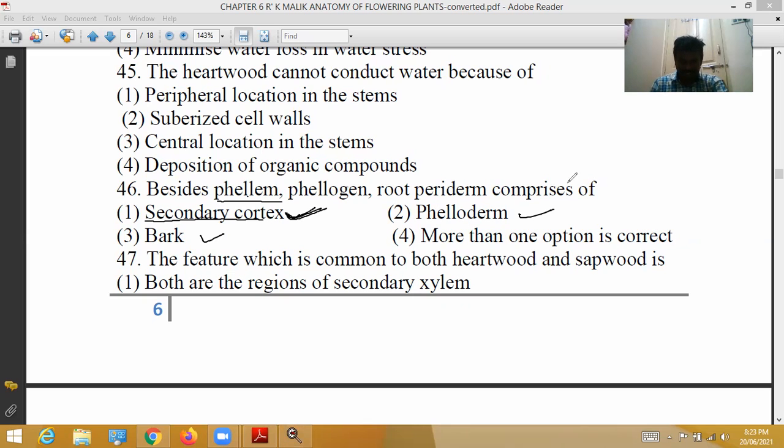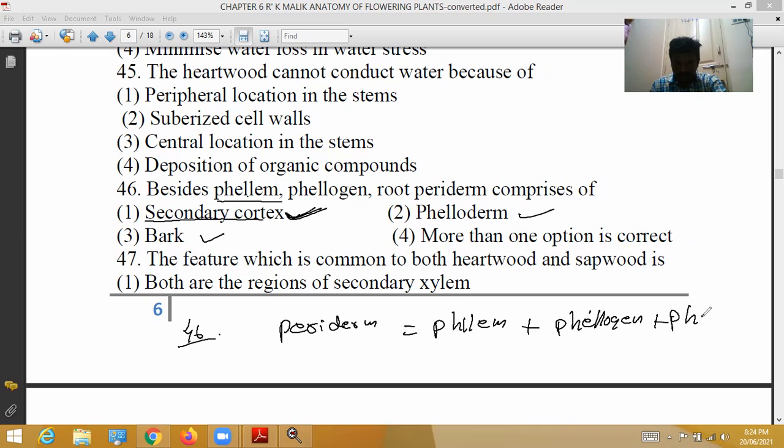Here I will give a clear explanation of this 46th question. Periderm is equal to phellem plus phellogen plus phelloderm.